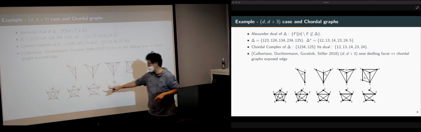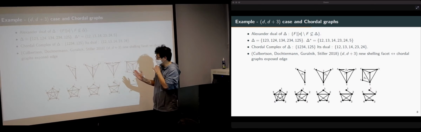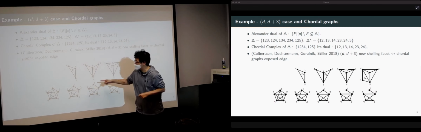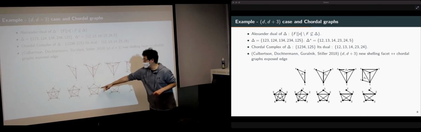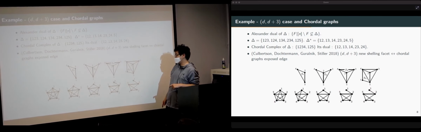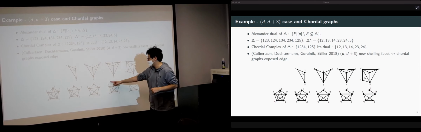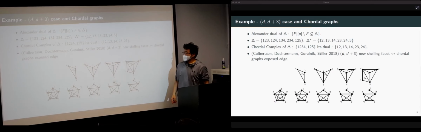And going from here to here, 1, 4 is removable because 1, 4 is contained in a unique maximal clique of 1, 2, 4, 5. So that was why 1, 4 was removable. And similarly, going from here to here, 1, 5 is removable because the unique maximal clique containing it is 1, 2, and 5.